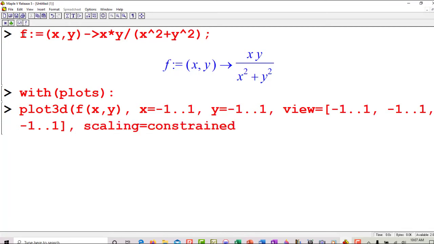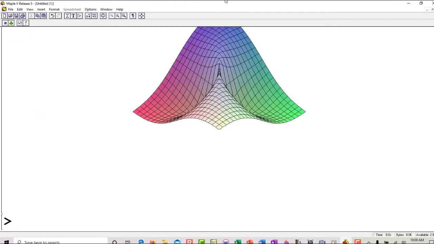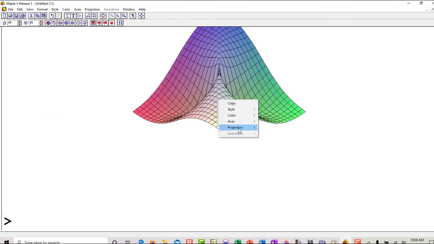I don't want it to stretch the axes, so I'm going to set scaling equal to constrained. Let's draw in the coordinate axes to this surface.